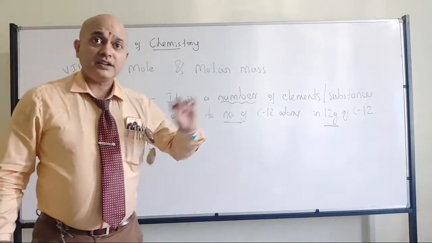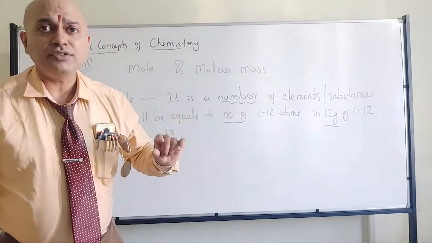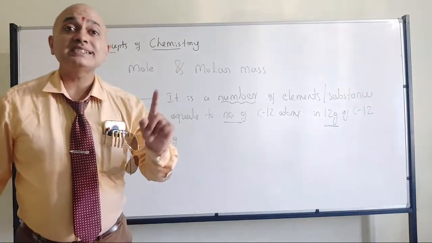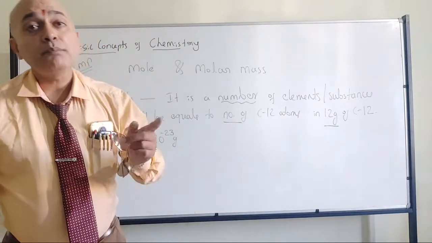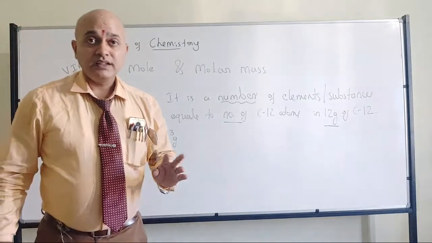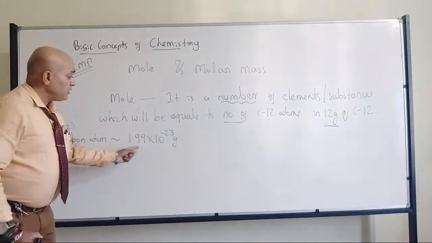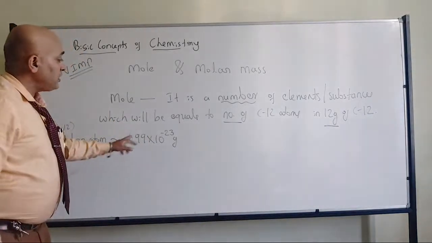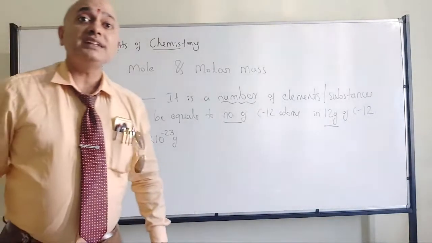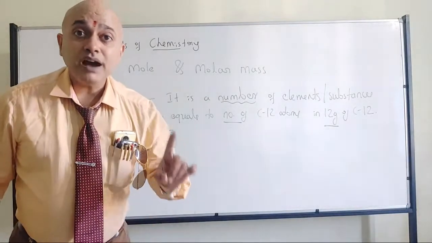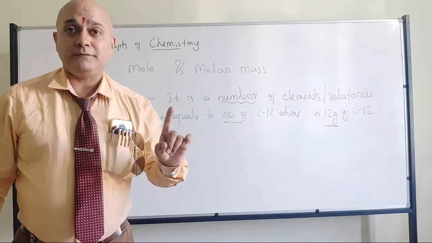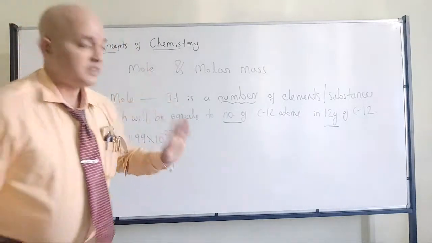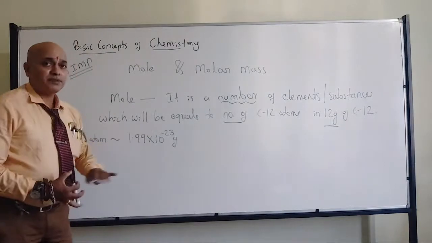If you recollect, 5 minutes back I told you, one hydrogen atom will weigh 1.67 into 10 to the power of minus 24 grams. So if you multiply it by 12, you are going to get 1.99 into 10 to the power of minus 23 gram. That is the mass of 1 carbon atom. I am not talking in terms of atomic mass unit.